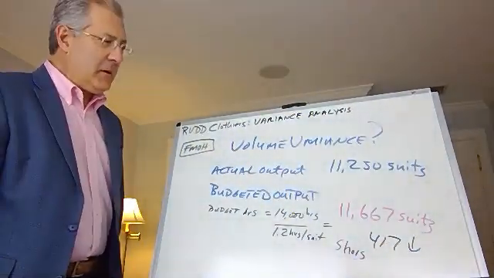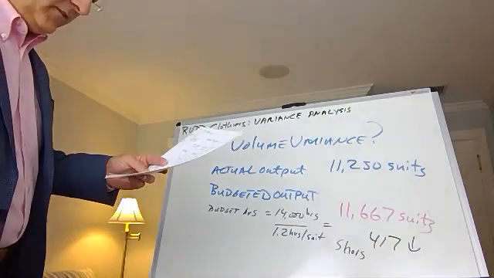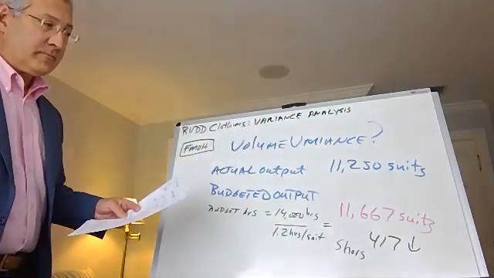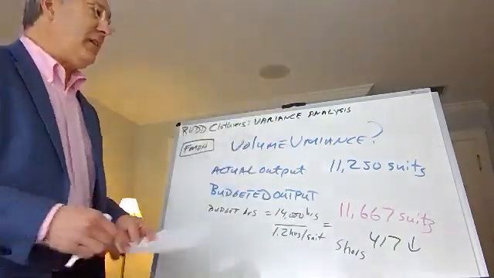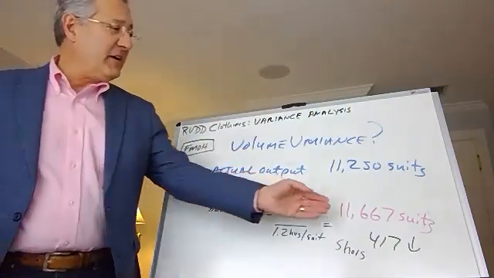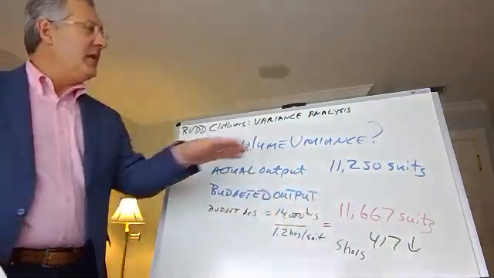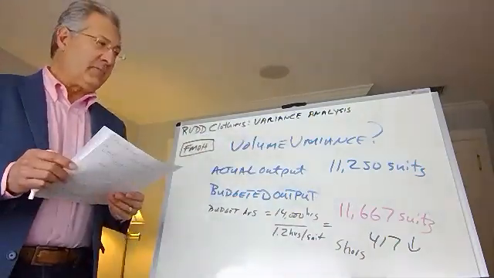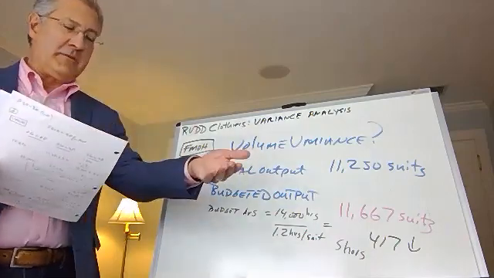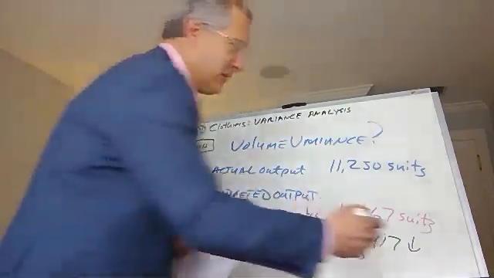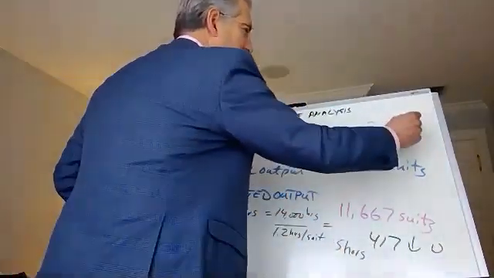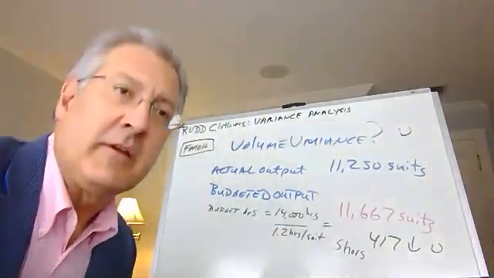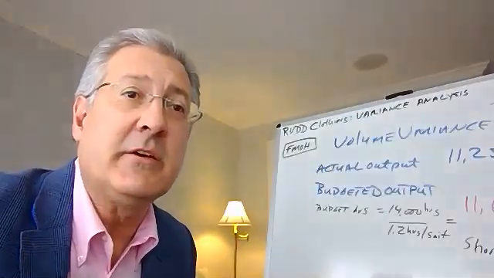They were below budget by 417 suits. Because they were below budget, their volume was down. They estimated a volume of 11,667. They only produced 11,250. They were 417 short of volume, hence unfavorable variance. You have an unfavorable volume variance. So there you go. Get it as many times as you need. Good luck.